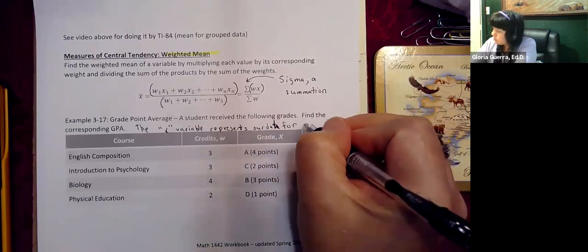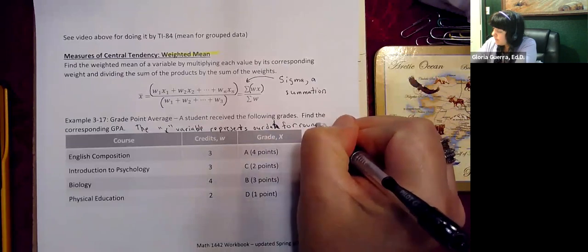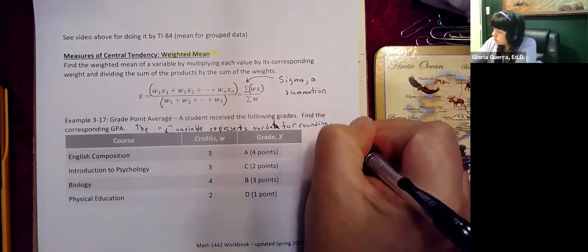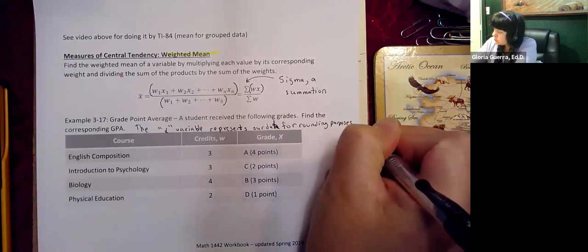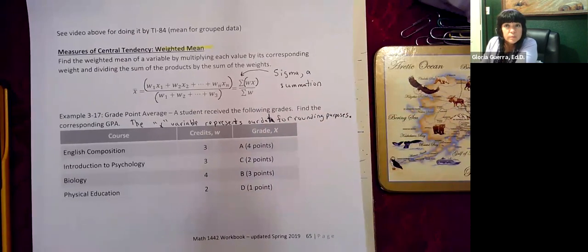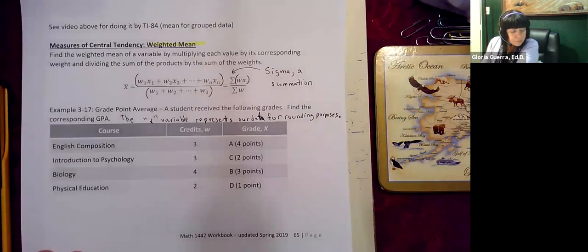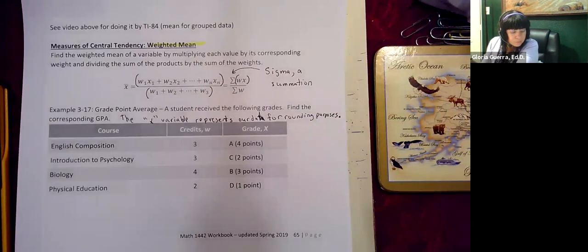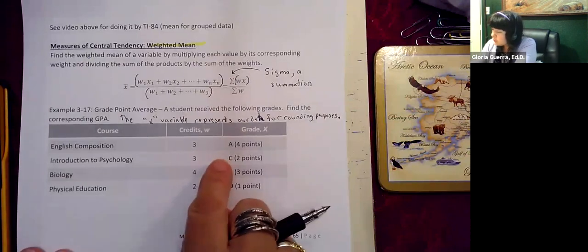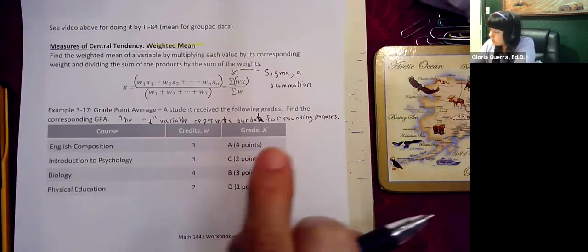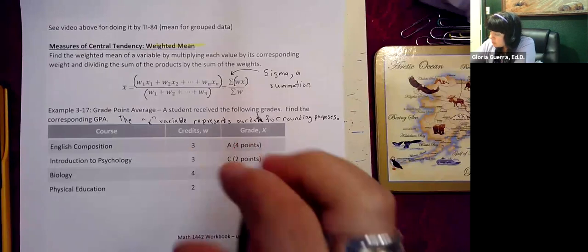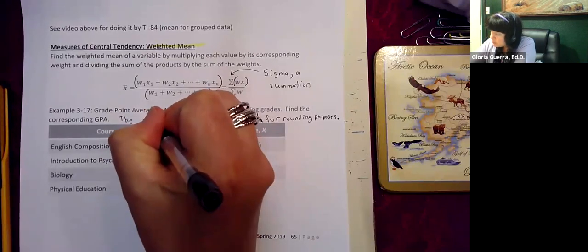For rounding purposes. Okay. So you can see, for us, I was looking for the X, so you just kind of capitalize it.